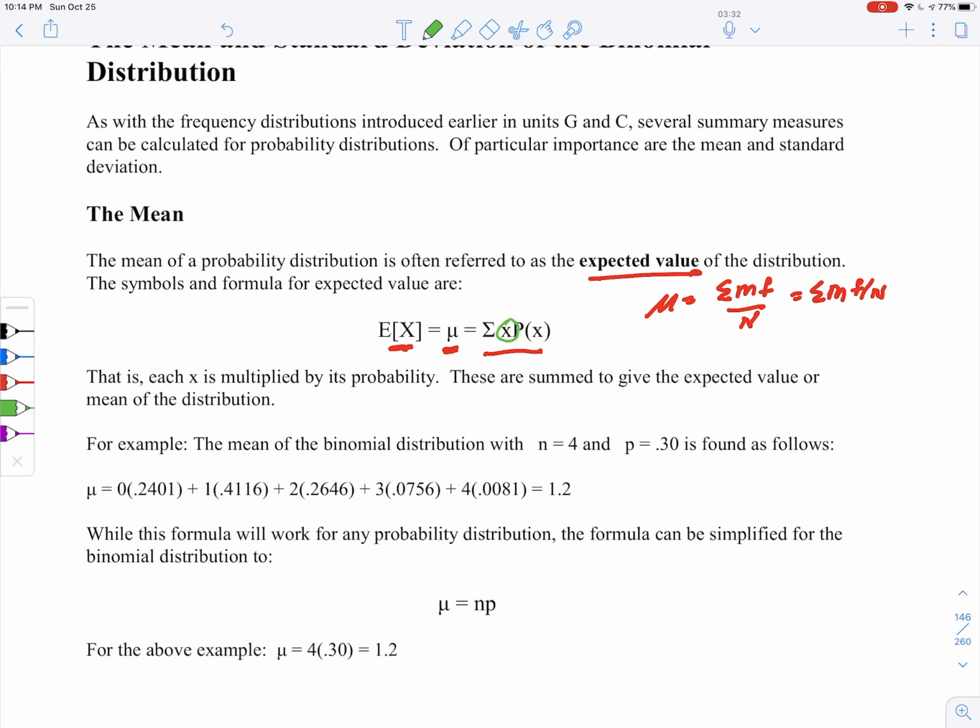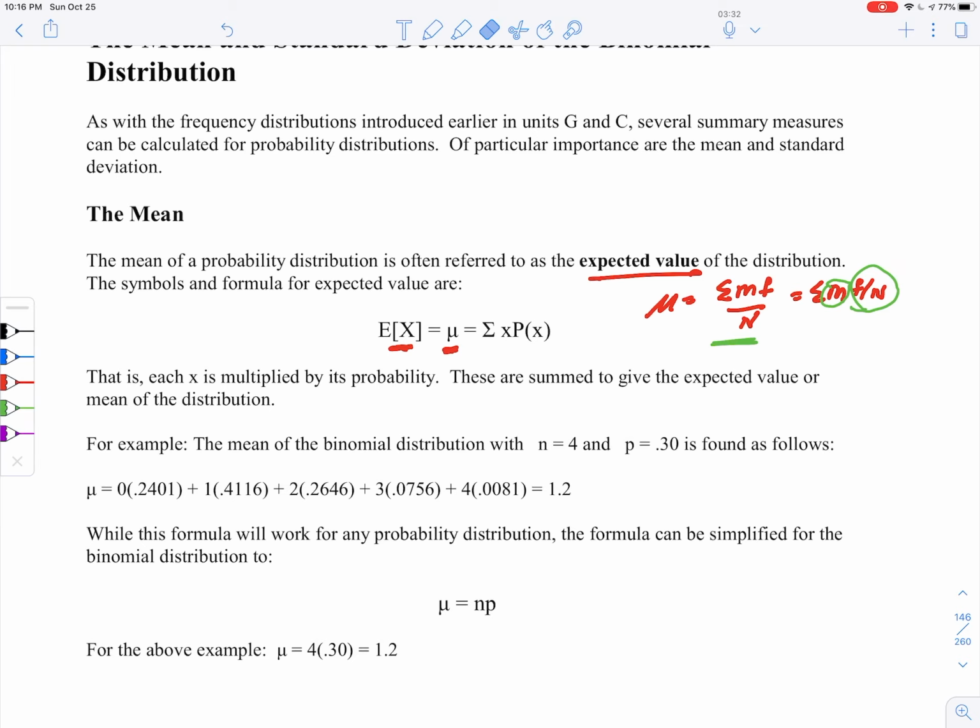What we're saying here is that the x's are equivalent to the class marks in a probability distribution. And remember, we said that a p of x is just the relative frequencies over the long run, the limit of the relative frequencies over the long run. So we've seen this formula before and done these calculations, but we're doing this now for probability distributions. That's this particular formula right here.